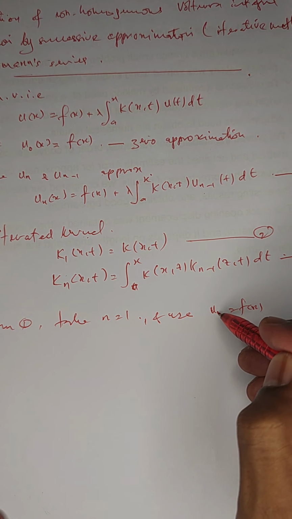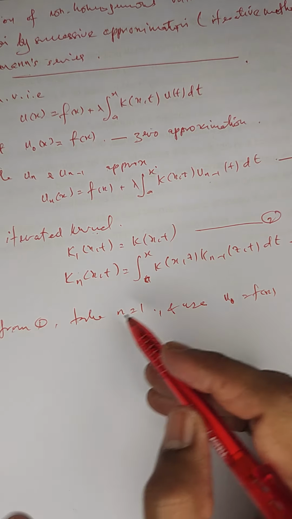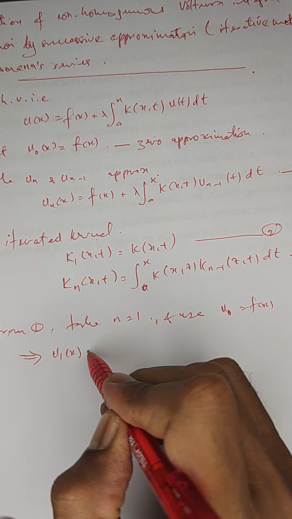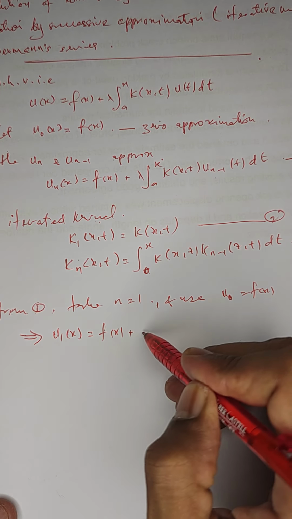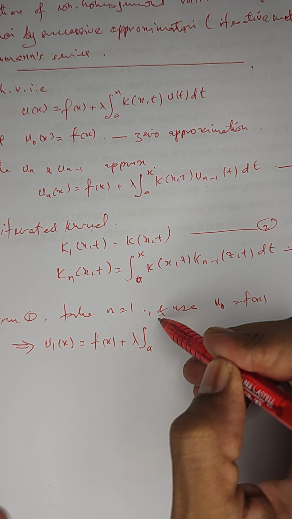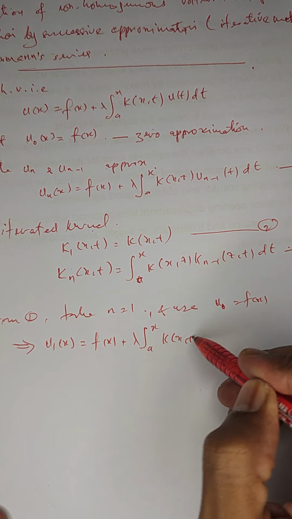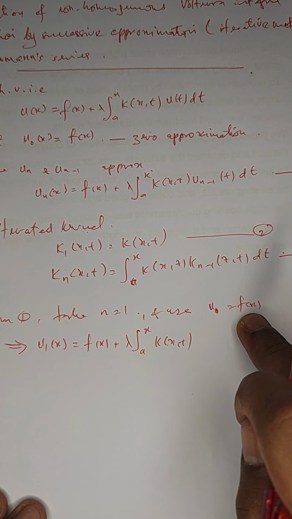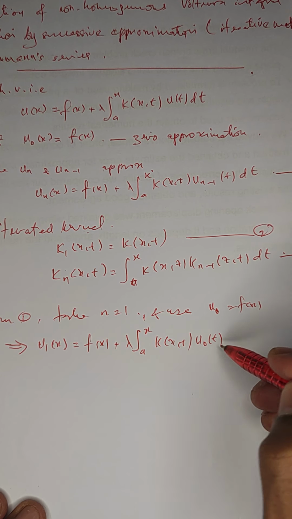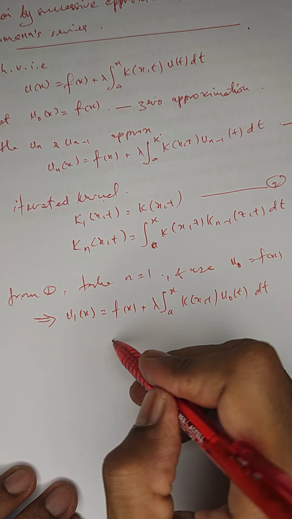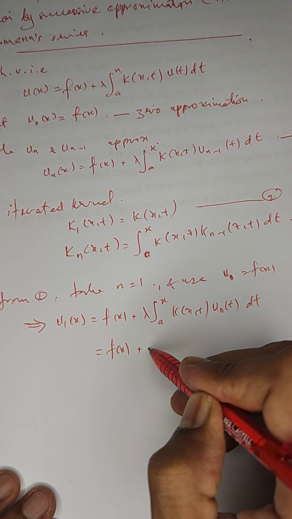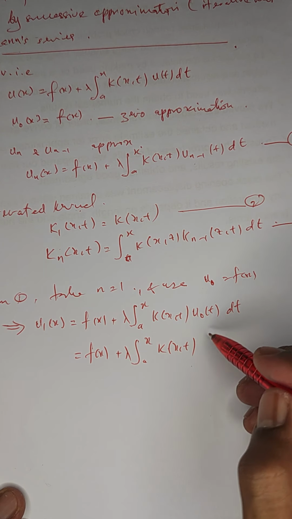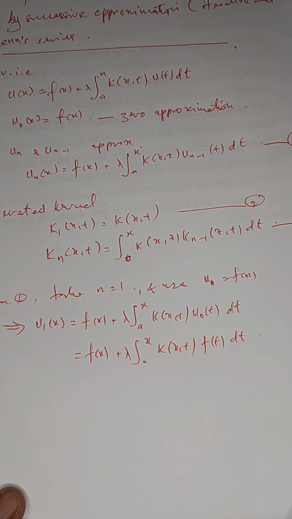So what we got is u1(x) is f(x) plus lambda integral from a to x of k(x,t) u0(t) dt. Yeah, u0(t) is f(t). So I can write this as f(x) plus lambda integral from a to x of k(x,t) f(t) dt.